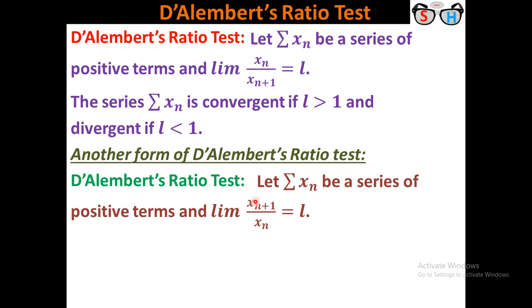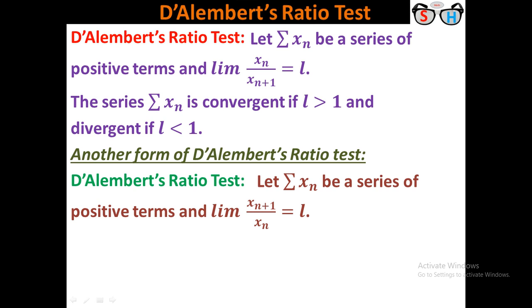Thus there is also the same trick. For the convergence case, the terms on the right hand side must be smaller, that is xn is greater than xn plus 1. As a result, xn plus 1 upon xn is less than 1, because xn plus 1 is smaller than xn. So for convergence, since xn plus 1 upon xn is less than 1, the limit must be less than 1.